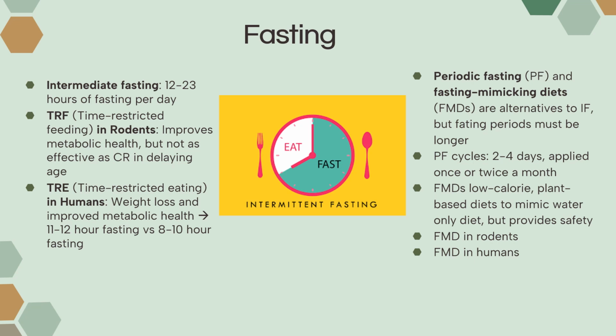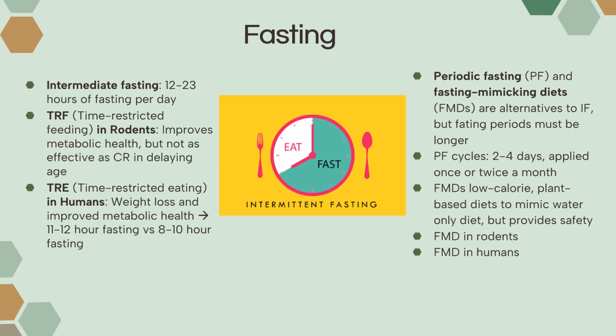Next, we have periodic fasting and fasting mimicking diets, which are alternatives to intermittent fasting. Periodic fasting is where you will not eat for 2 to 4 days, but this can only be applied once or twice a month because it can become dangerous to not eat so many days in a row so constantly. That can cause you to have an eating disorder.